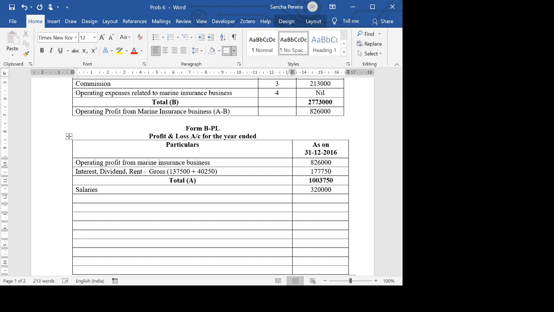Then we have rent, rates and taxes, which is 29,000.